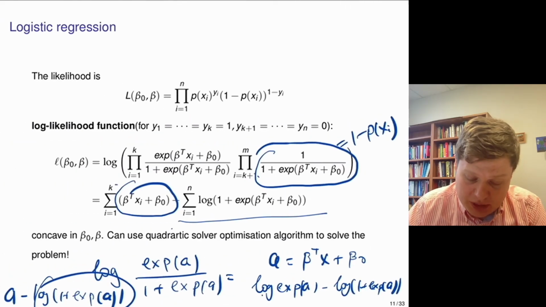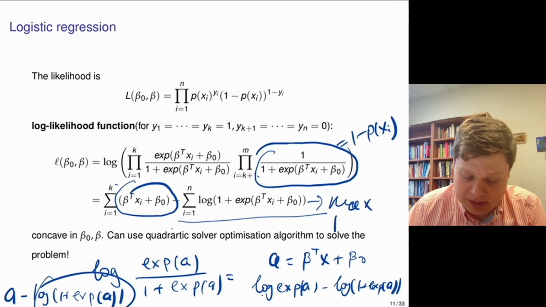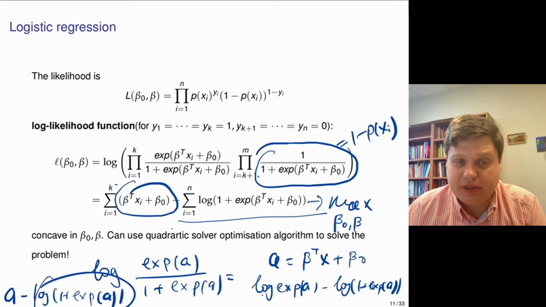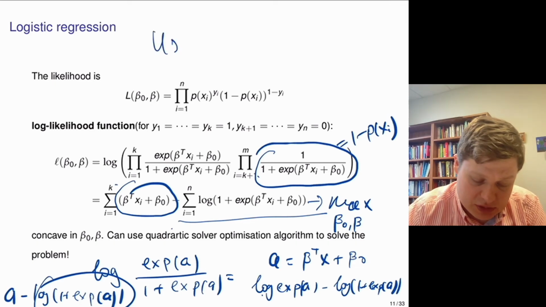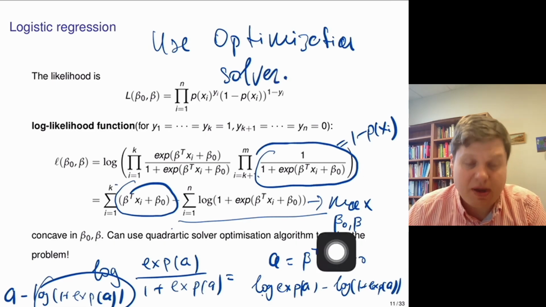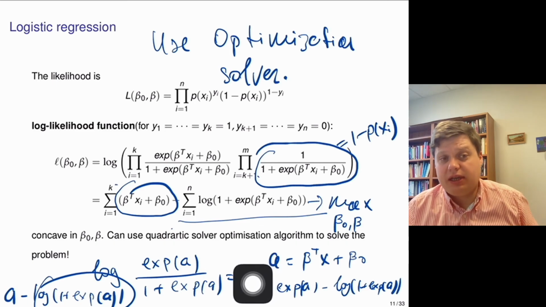And now the linear algebra doesn't work anymore. We cannot use linear algebra to solve this problem, so we basically have to maximize this as a function of beta 0 and beta, and you can use your favorite solver. So you have to use an optimization solver, and given that this problem is concave, those problems can be solved very efficiently.